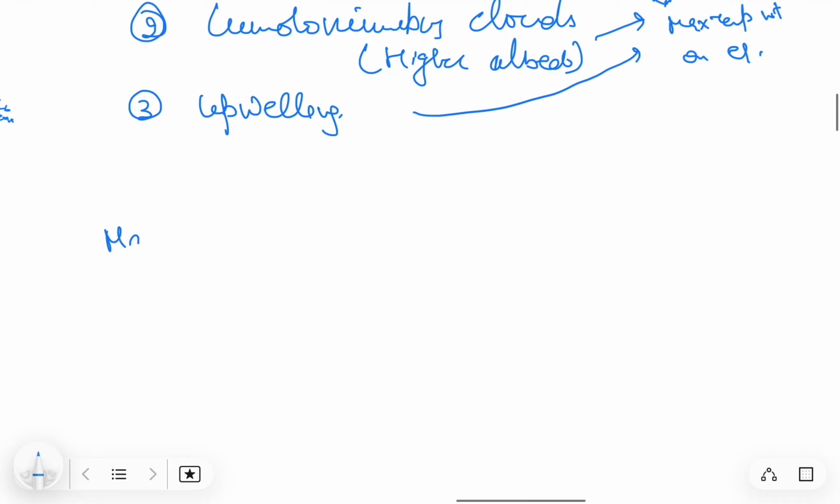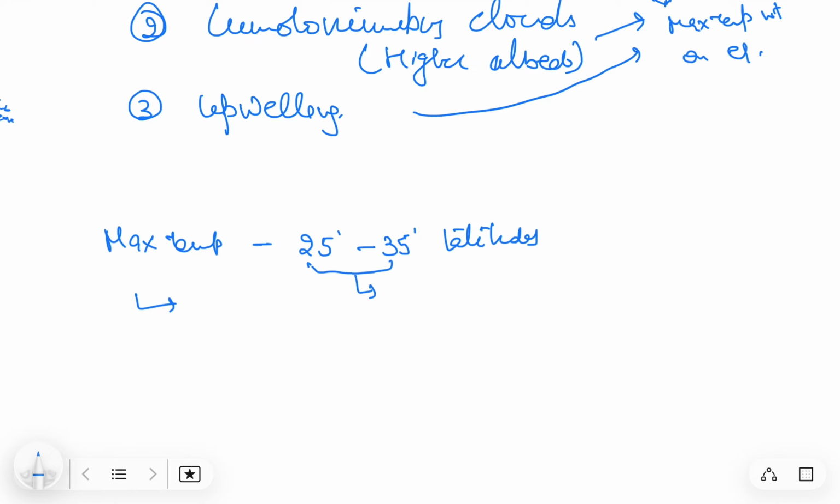So where is the maximum temperature? The maximum temperature we found is between the 25 degree to 35 degree latitude. How we find this is because this area is a high pressure area.